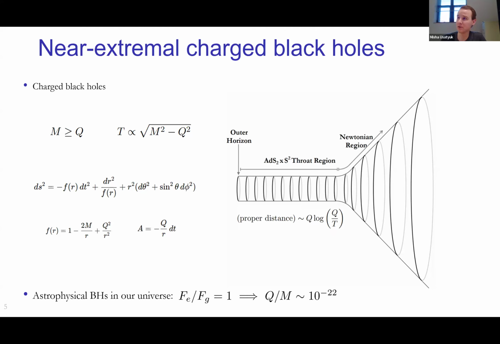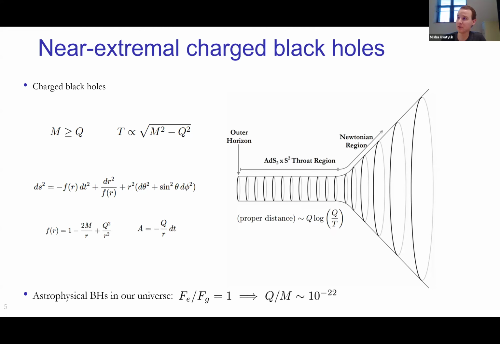People get this estimate by equating the gravitational force to the electrostatic repulsion for, say, an electron sitting outside the black hole. So all of the black holes in this talk are in the opposite regime, where Q over M is approximately 1. That's just a warning.